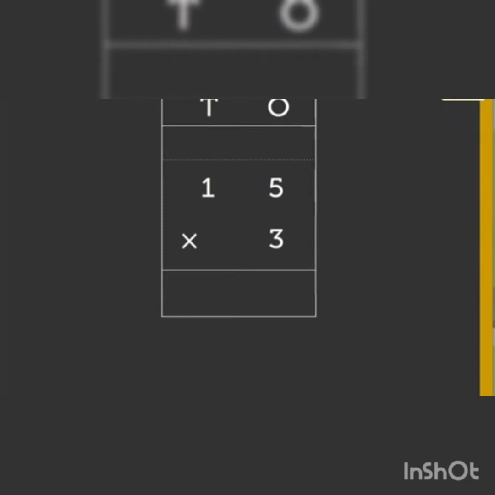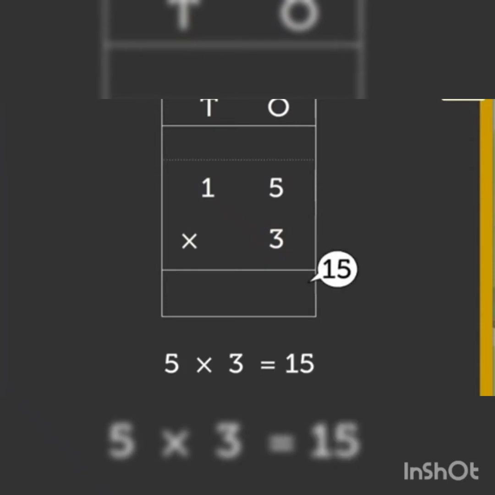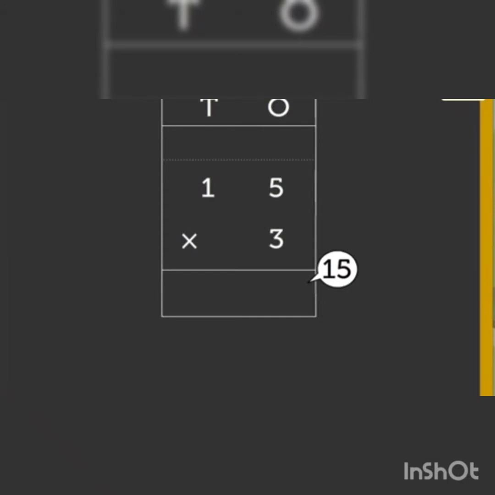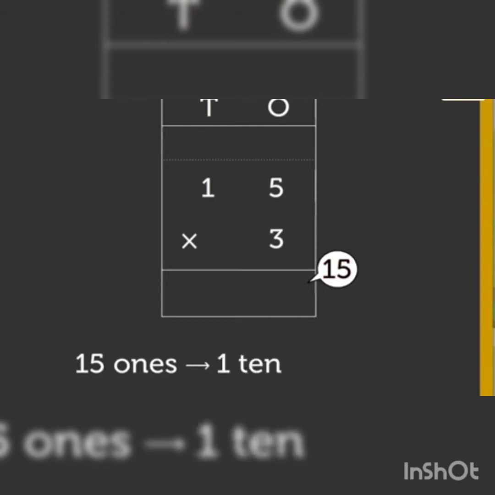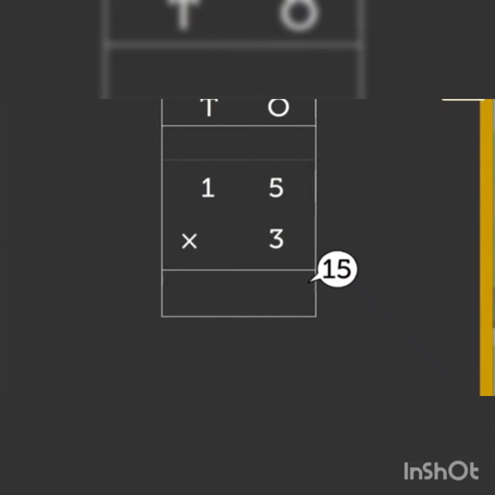All of you remember, first we write the numbers on the basis of their place value. Here at the ones place the digits are 5 and 3. So, 5 times 3 is equal to 15. Here 15 is a 2-digit number, so we regroup 15 ones as 1 ten plus 5 ones.